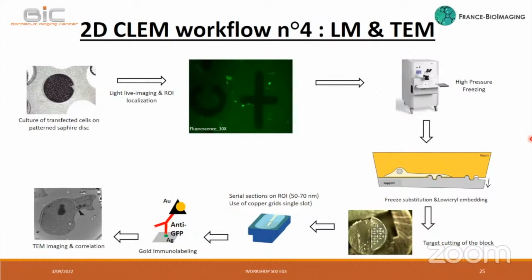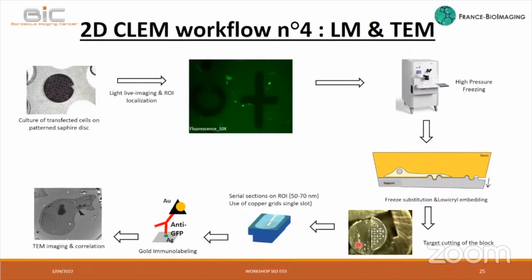For that, generally culture was made on a sapphire disc with a carbon replica, so a culture of transfected cells. Then after live imaging and localization of a region of interest, we do high pressure freezing, freeze substitution, and acrylic embedding.